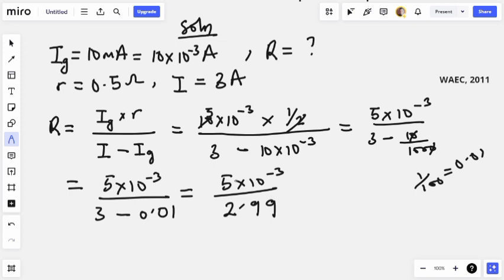So if you do 5 divided by 2.99, let me write it down here. You have 1.6722 and so on. Then remember, we still have times 10 raised to the power of minus 3 on the numerator.